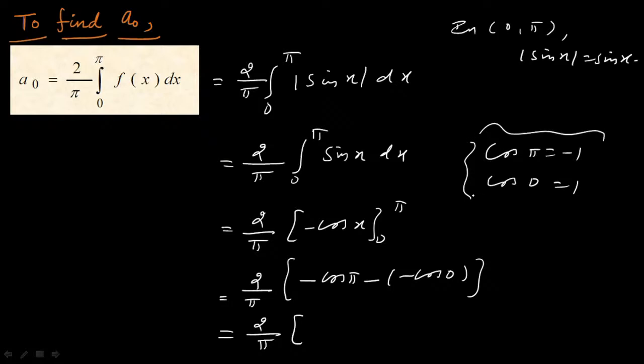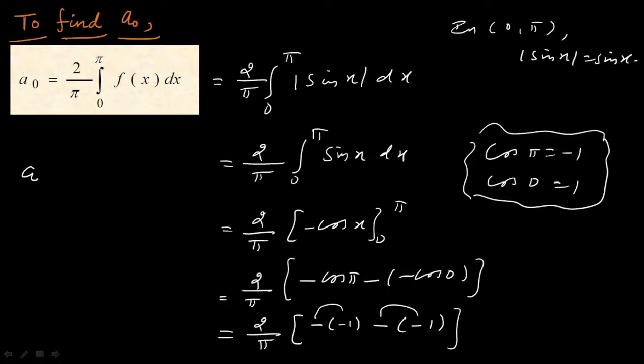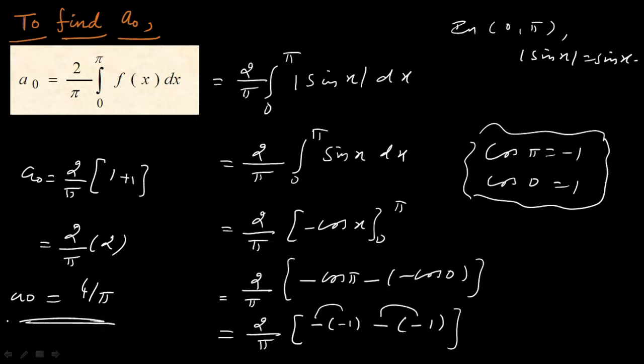So minus of minus 1, and minus of cosine 0 value is 1. This minus and minus becomes plus. So your a naught is equal to 2 by pi into 1 plus 1, isn't it? That is 2 by pi into 2, that is 4 by pi. This is the value of a naught we have calculated.